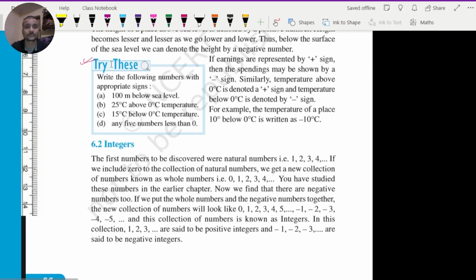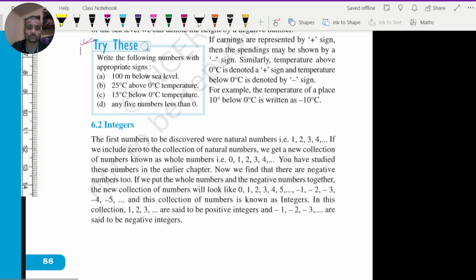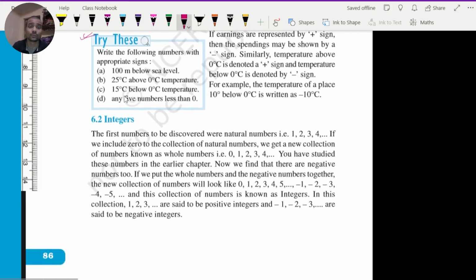What is try this? Write the following numbers with appropriate sign. What is the appropriate sign? 100 meter below the sea level. It means that, let us suppose this is sea level, a horizontal where we stand. 100 meter below means some portion will be here and this will be 100 meter.